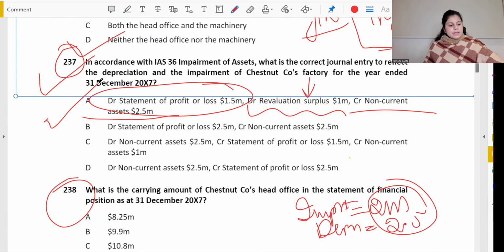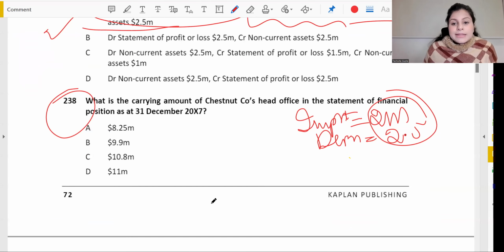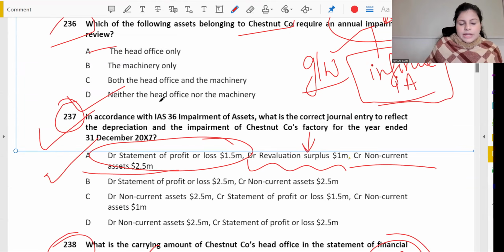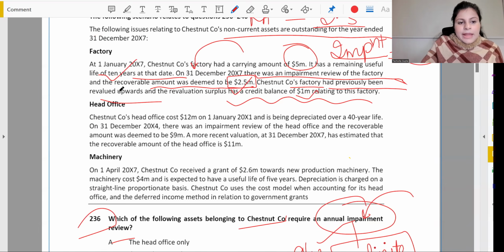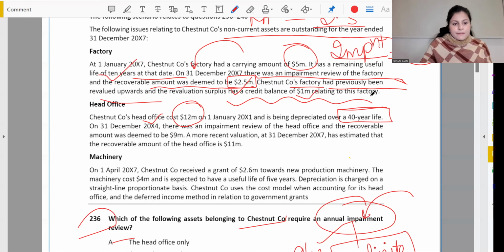Okay. Next. What is the carrying amount of Chestnut Company's head office in the statement of financial position? So let's read the head office. We are given that Chestnut Company's head office cost was 12 million and it is being depreciated over a 40-year life.